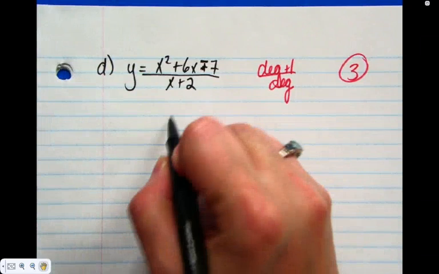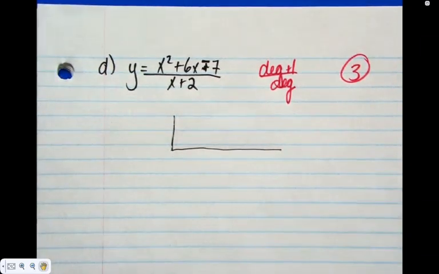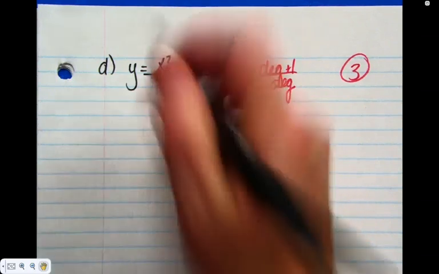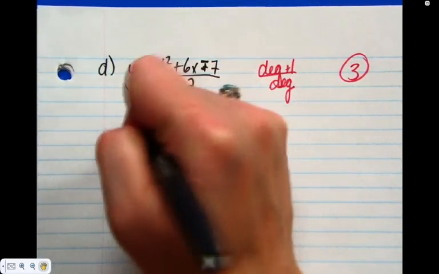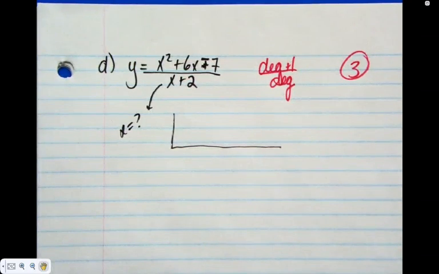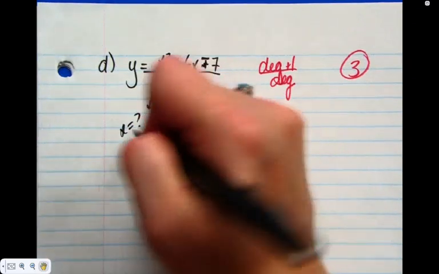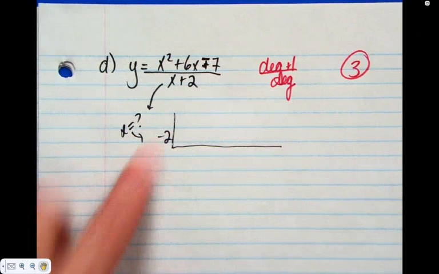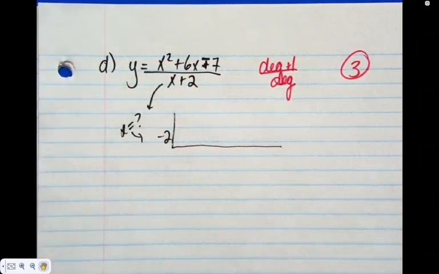Okay, upside down division sign. The number on the outside comes from the bottom and what x is equal to. So if x plus 2 equals 0, x equals negative 2. And I would not normally show this. I'm just showing it for you so you understand when you look back where the numbers come from. I would jump right to negative 2.